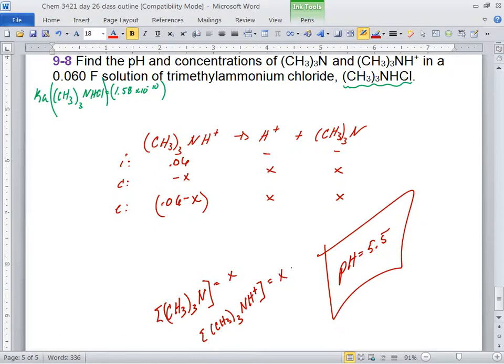So both of those will be X, right? And what did you get for your X? 3.08 times 10 to the -6.